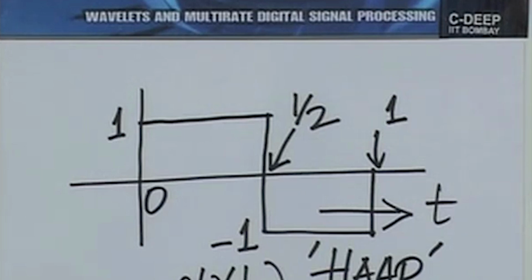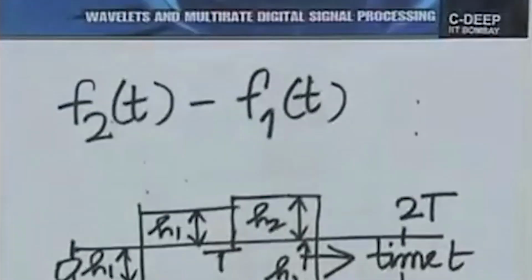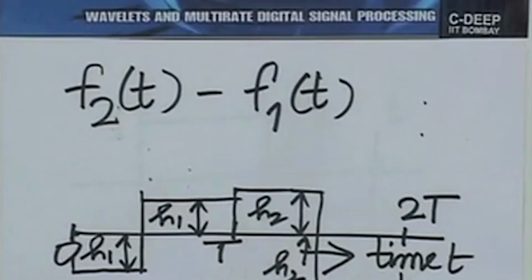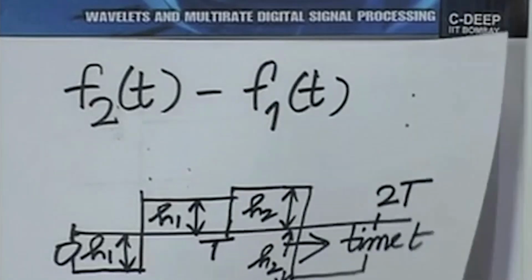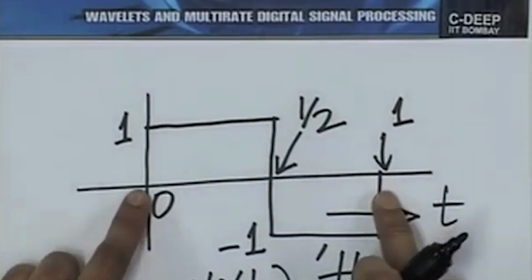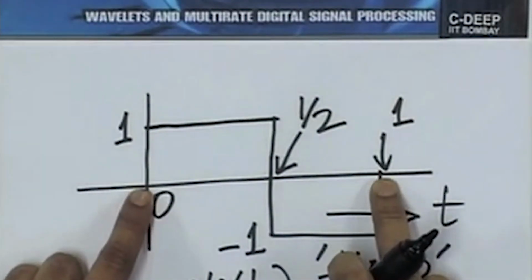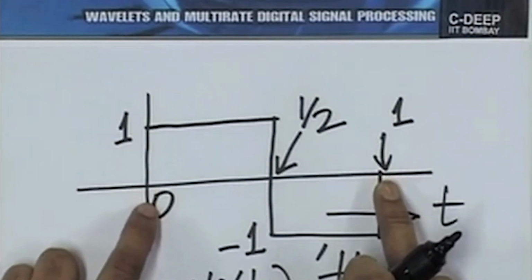It is very easy to see that using this function I can construct any such f2(t) minus f1(t). Indeed, if I were to take this function, stretch it or compress, whatever might be the case depending on the value of capital T, dilate is the more general word.